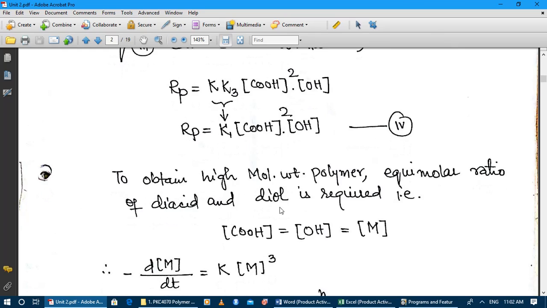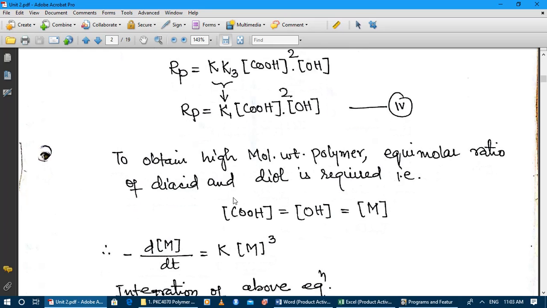Okay. Now to obtain a high molecular weight polymer, an equimolar ratio of the diacid and diol is required. That is, the concentration of the diacid and the concentration of the diol in step polymerization should be exactly equal. Then only it will produce a high molecular weight polymer. Otherwise, what will happen if one monomer is in excess?